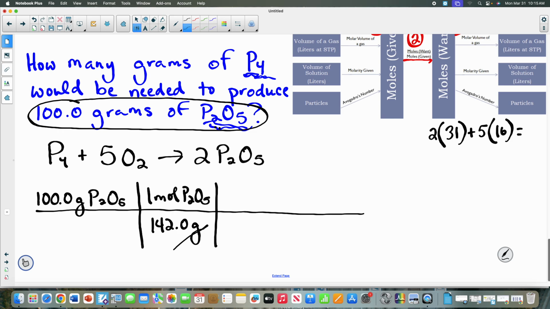Okay. So now I have moles of P2O5. So now I can go to my mole ratio, right? Which substance should be on the top of my mole ratio? P4. Okay, so 1 mole of this over 2 moles of this.